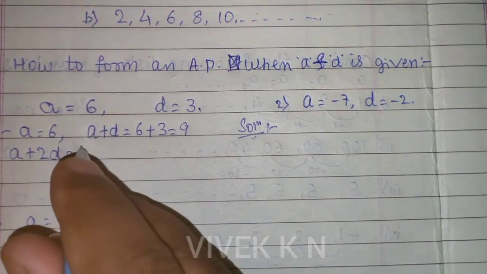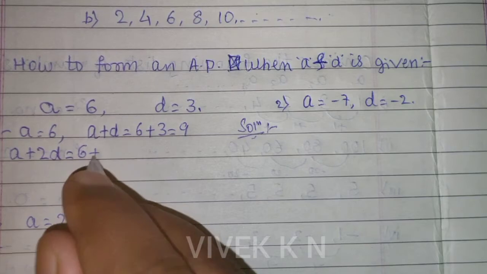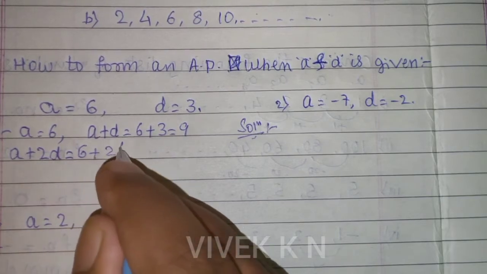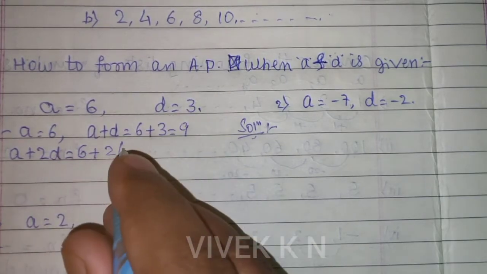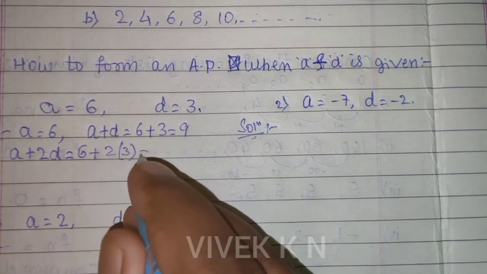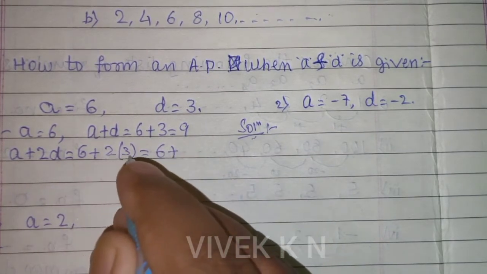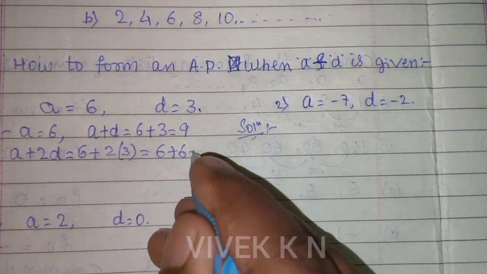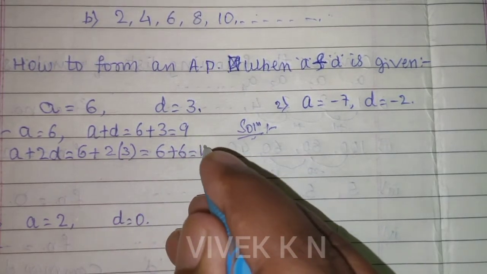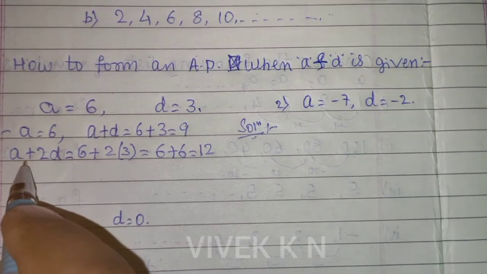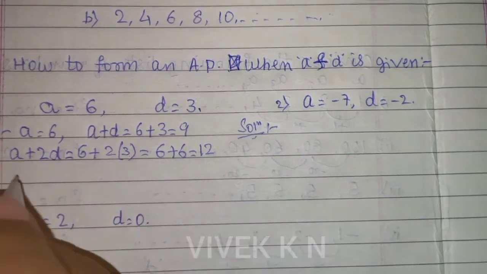Value of A is 6 plus 2 into value of D, which is 3, equals 6 plus 2 into 3, which is 6. 6 plus 6 is 12. The value of the third term is 12.